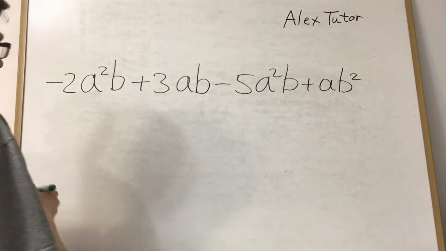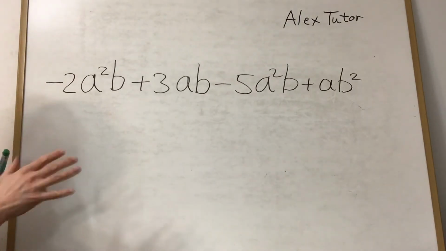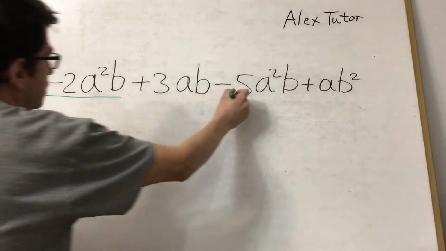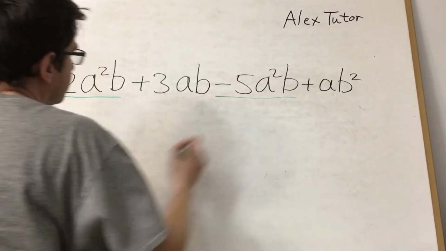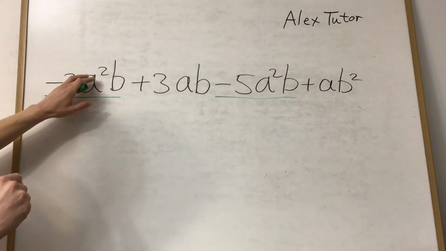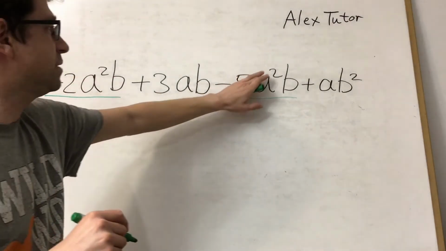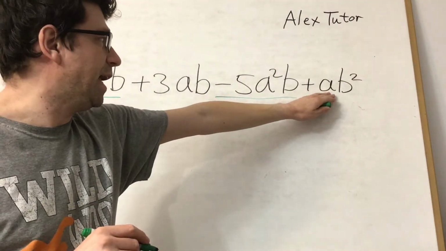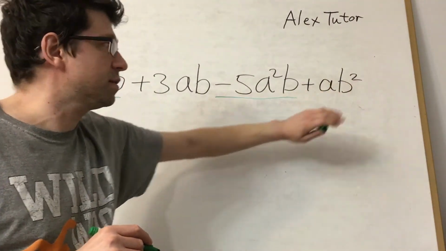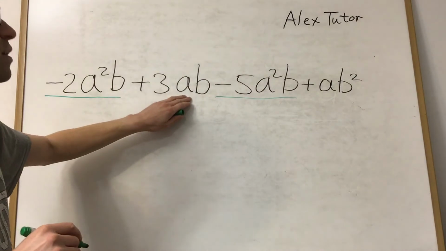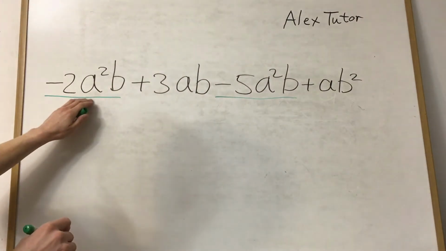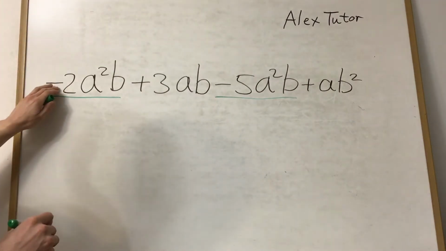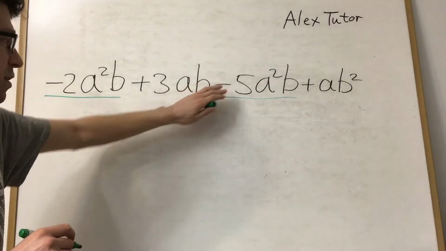Let me show them to you. This and this. A squared b, those are like terms. This ab squared is different. This ab is different. So I can only combine those two terms. How much is negative 2 minus 5?